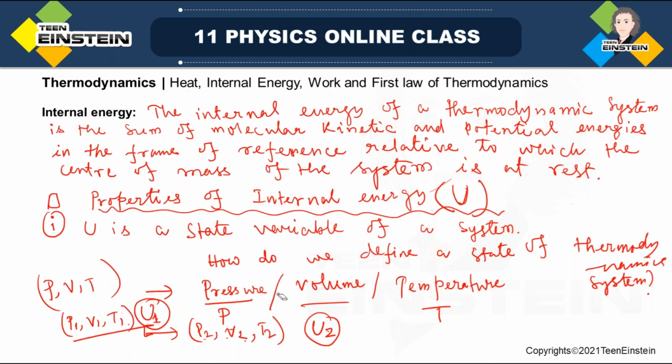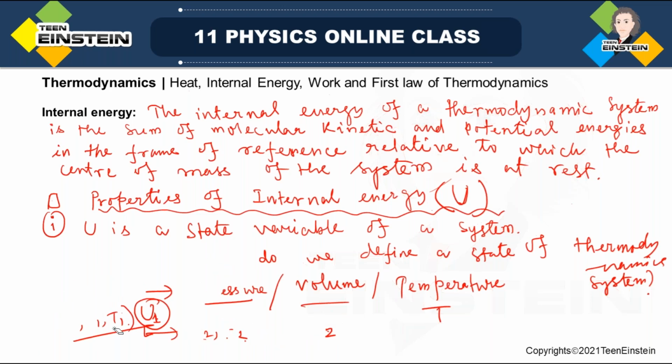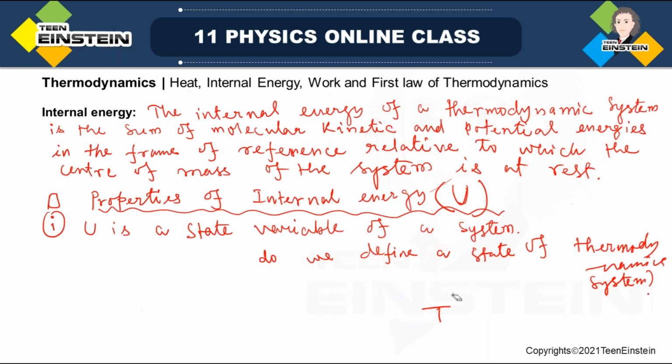I'll just give you an example to explain what a state variable is properly. A state variable means it depends on the state, that means it depends on the values of P, V, and T: pressure, volume, and temperature. So it is a state variable.